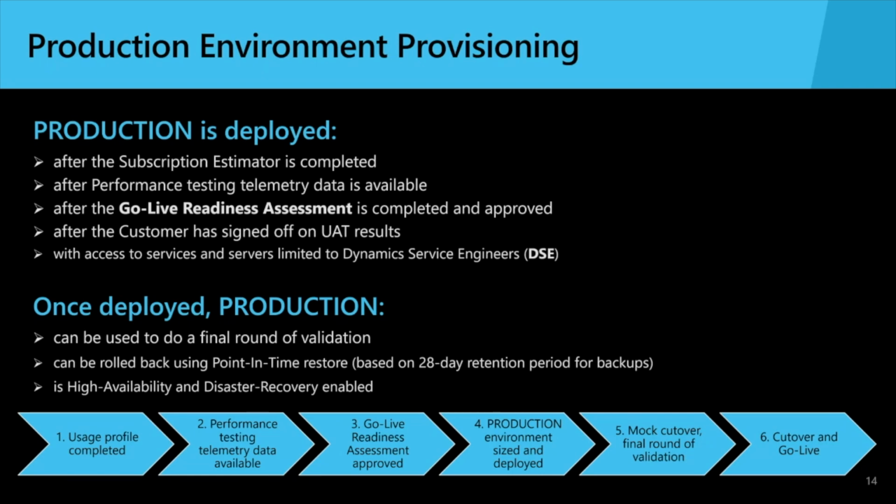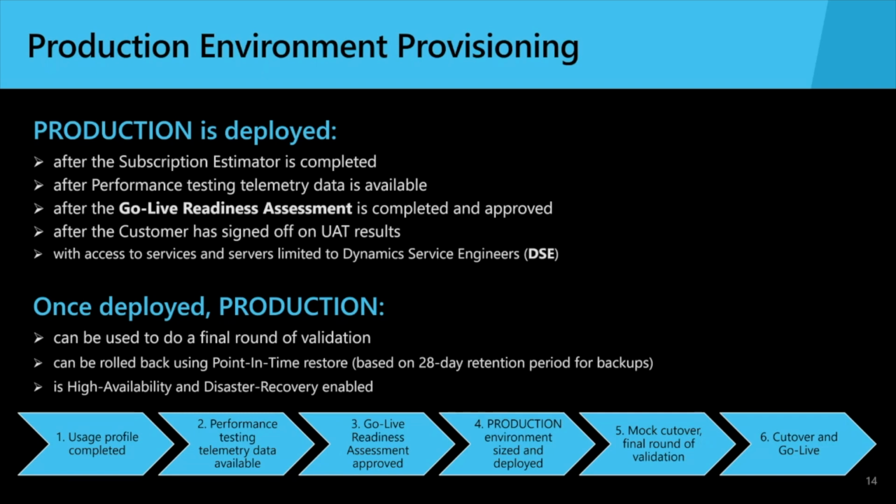Across the bottom, again, we've got these prerequisites for production deployment in sequential order. To briefly summarize, you'll complete your usage profile and subscription estimator contained in the LCS project. We'll review the performance testing and telemetry data from your performance testing activities.